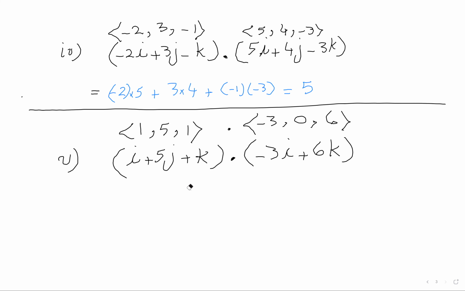Okay, so if I do the dot product, the first coordinate times the first coordinate, 1 times -3, I add up the product of the second coordinates, 5 times 0, and add up the product of the third coordinates, 1 times 6. Obviously, these numbers add up to 3.